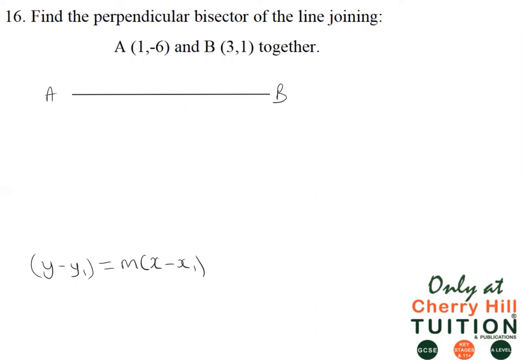To do this, we need the gradient and also a point on the line. As we discussed before, the perpendicular bisector intersects in the midpoint of AB. So what we can do is work out the midpoint of AB, and that will give us a coordinate on the perpendicular bisector.